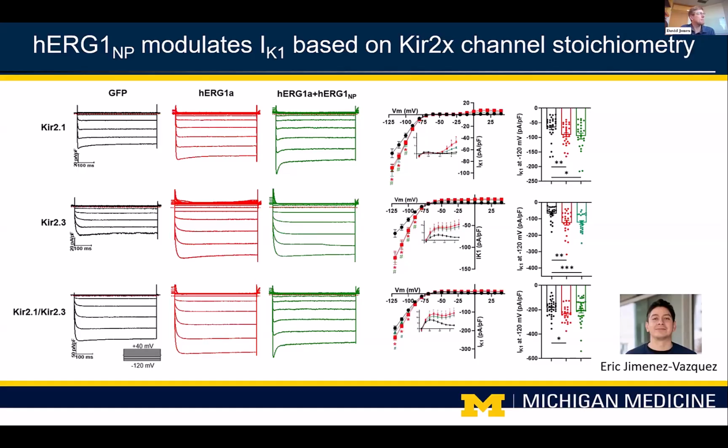Things get a little bit murky with the heteromers. So at this point, we're thinking, okay, it is just when we add in hERG1A, things get bigger, at least with the homomeric 2.3 and 2.1. That was somewhat supported by adding in hERG1MP.